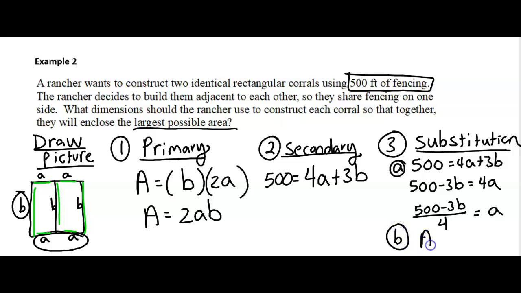My primary equation is A equals 2AB. What am I going to plug in, and where am I going to plug it into? I'm going to plug 500 minus 3b over 4 in for a, because that's what a equals.